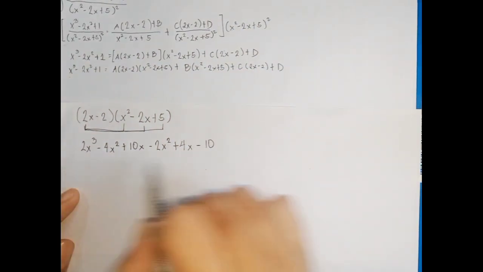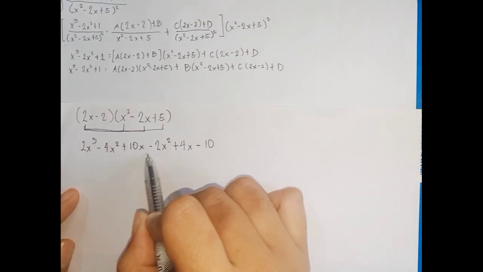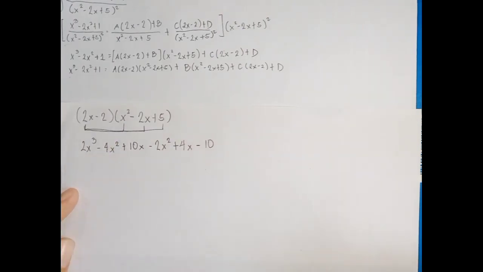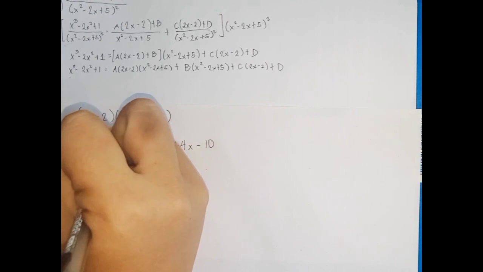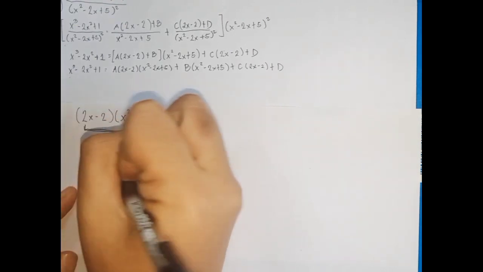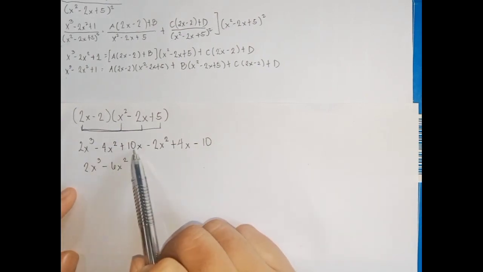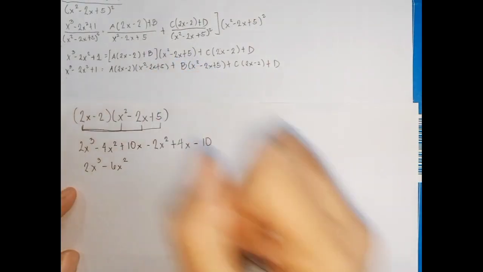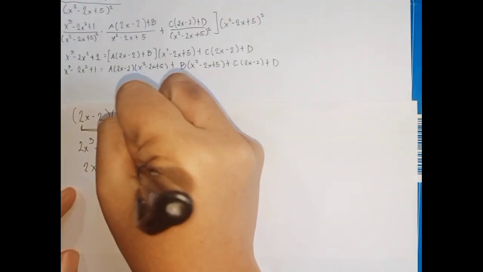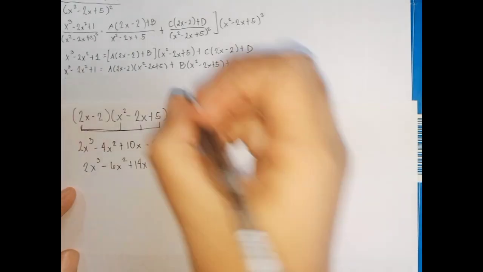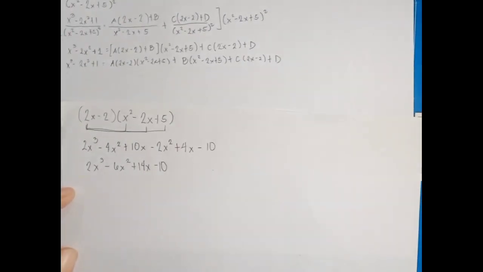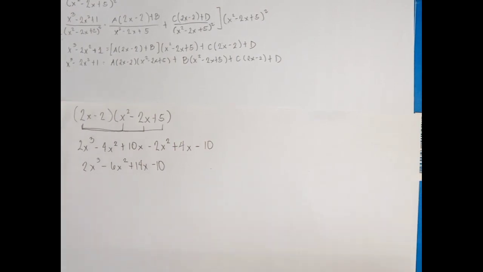Okay, so we can add these because they have the same sign and both have the exponent 2. So 2x cubed minus 6x squared. We will also add positive 10x and positive 4x, and it will become plus 14x minus 10.